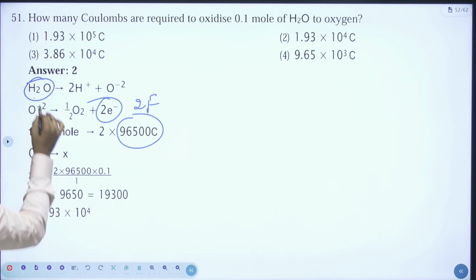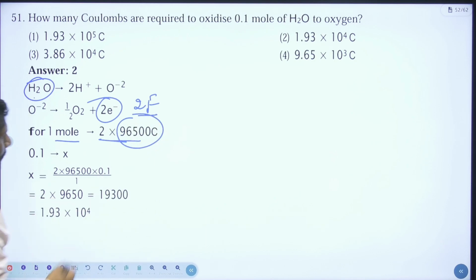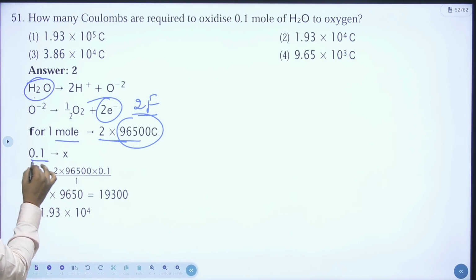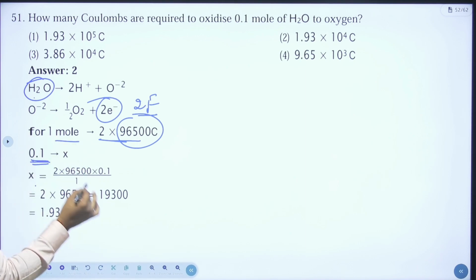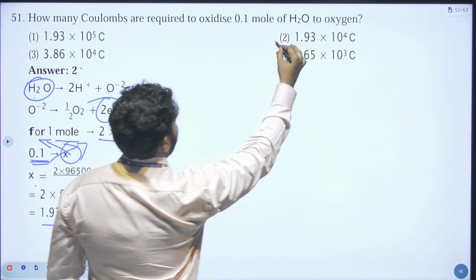So if 1 mole water oxidizes, it produces 2 Faradays of current; here they are asking 0.1 mole of water molecules oxidize, how much Faraday current is produced. So cross multiplication, we get 1.93 into 10 power 4. So second option is the correct option.